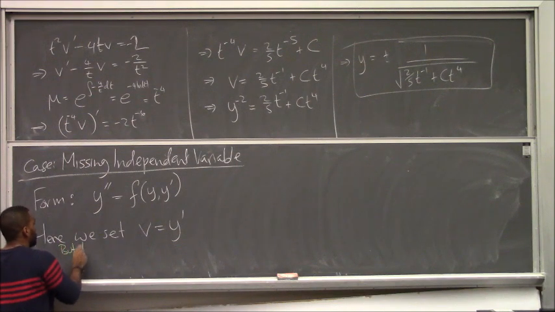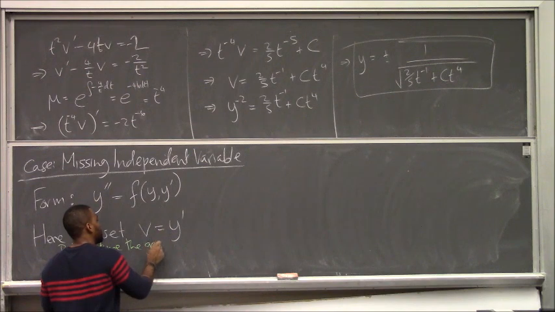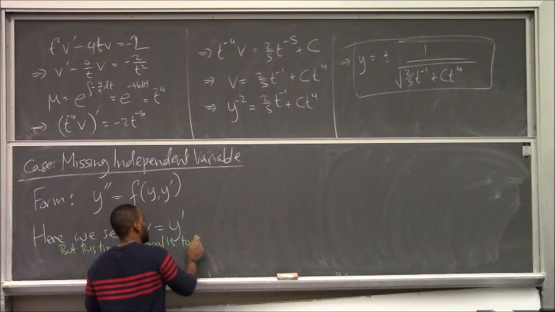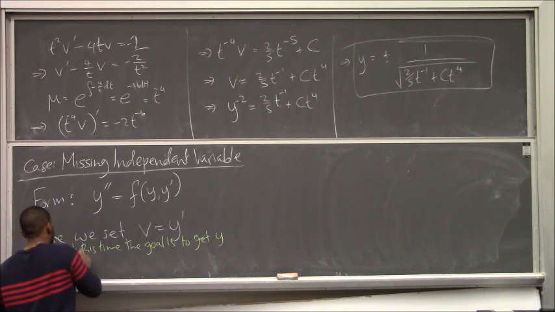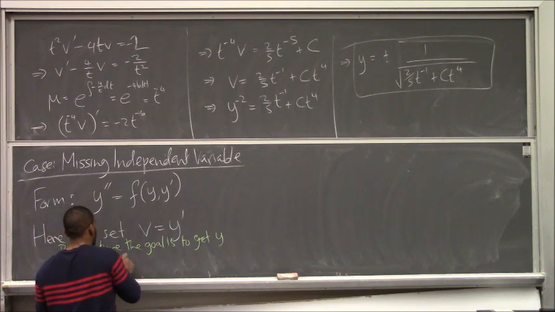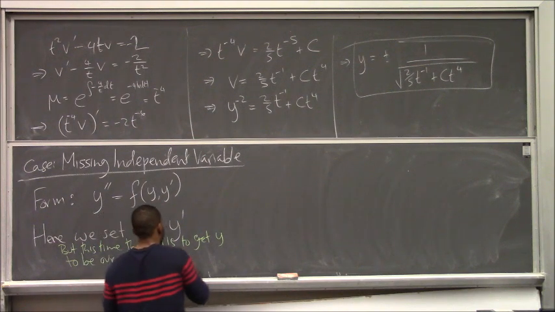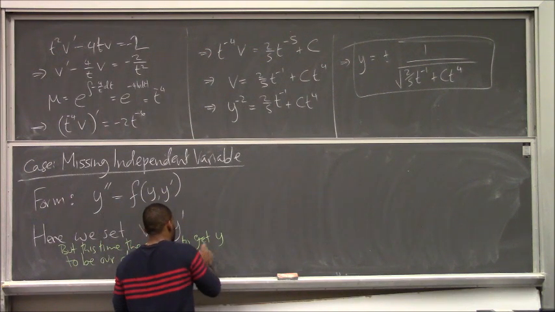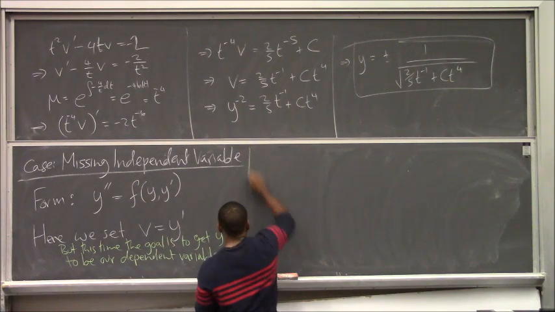This time, the goal is to get y to be our dependent variable, because we have no control over the t's or the x's.